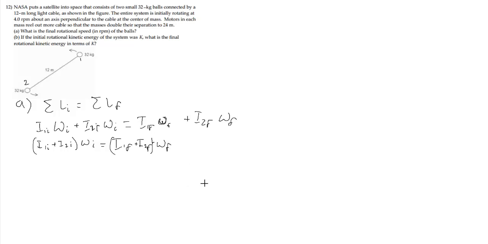Now, looking at the moment of inertia for the two balls, these are both rotating around this center point here, which means that for a single object spinning around a point, we've got I equal to mr squared for each one.